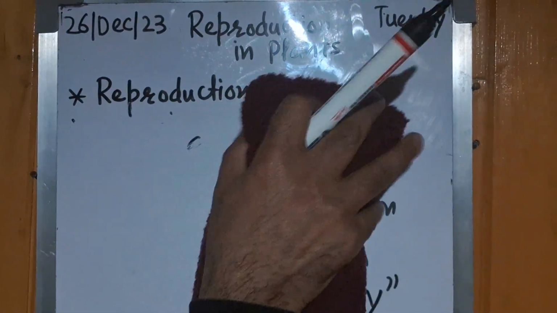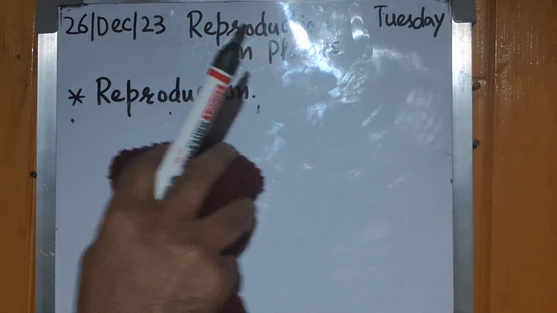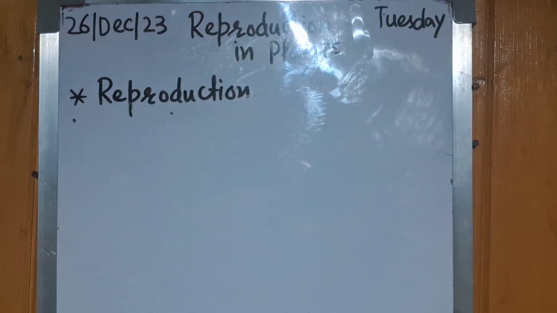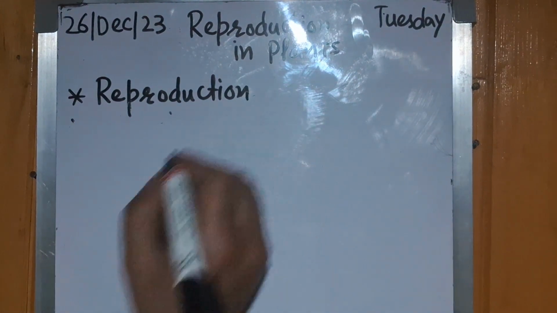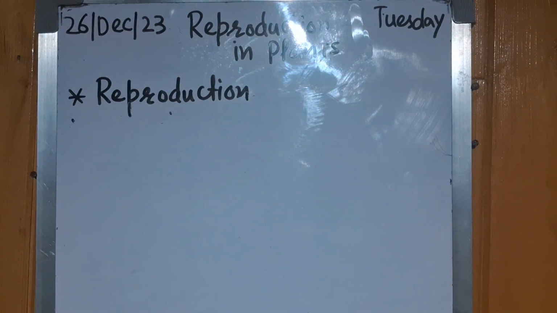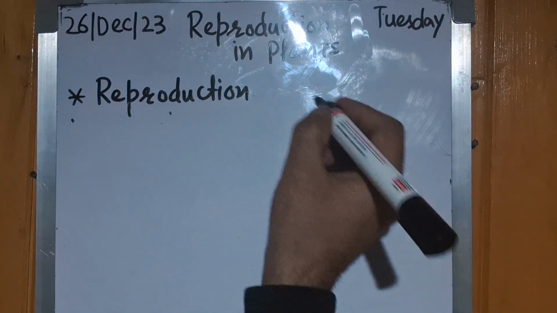Now we will study the different modes of reproduction that are used by plants so as to increase their number, so as to keep their progeny on the path of continuity.